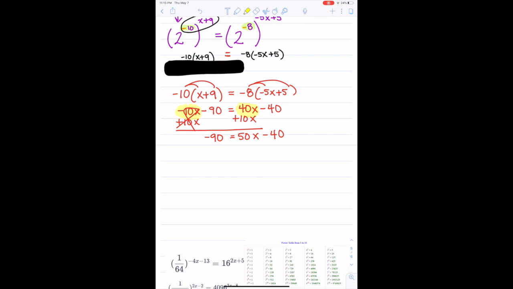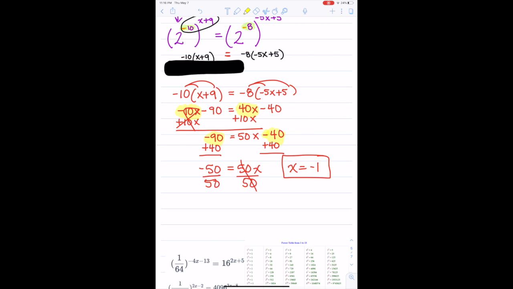And then I see that these are like terms, the negative 90 and the negative 40. So I'm going to add 40 to this side. And then I get negative 50 is equal to 50x. If I divide by 50, I'll get x equals negative 1.